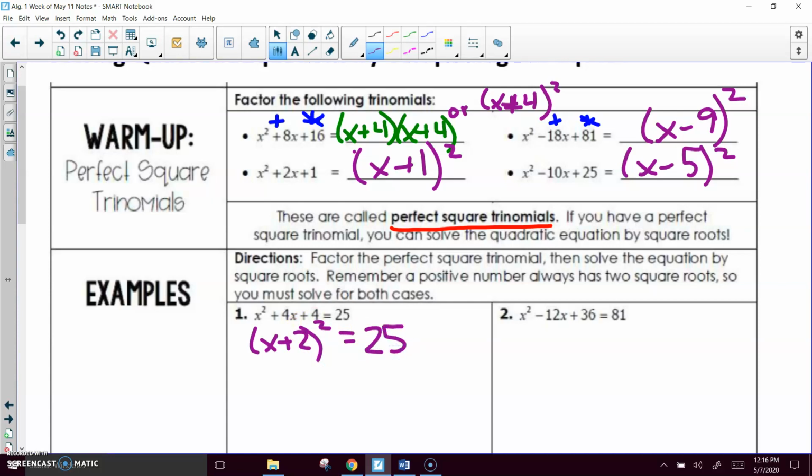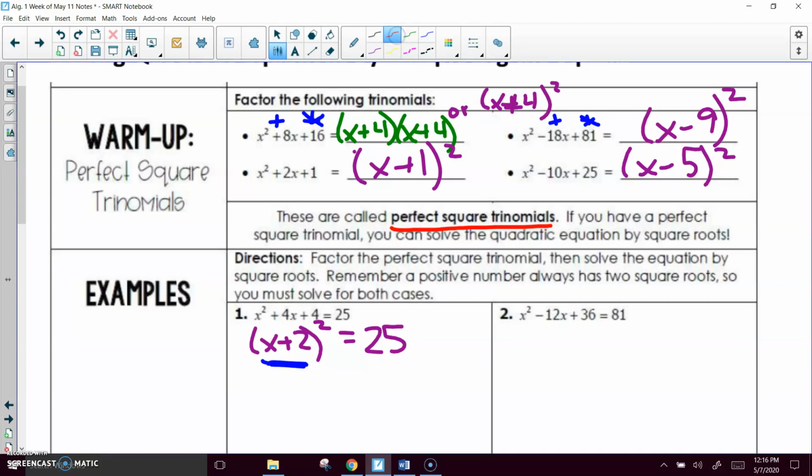Now let's think about how we did the square root method. Step number 1 in the square root method was to isolate the x squared. Well, that's what I have here. I've isolated something squared. So when I do inverse operations, at this point, I want to get rid of the squared.